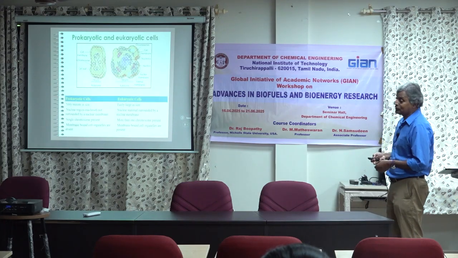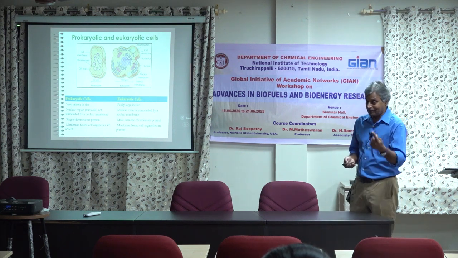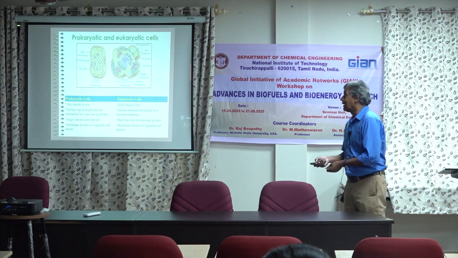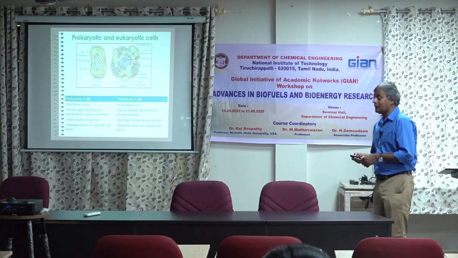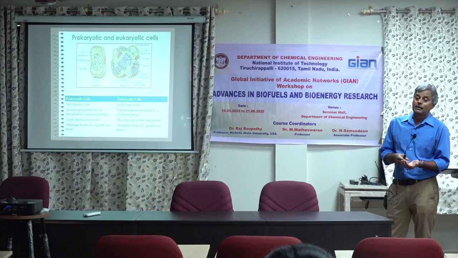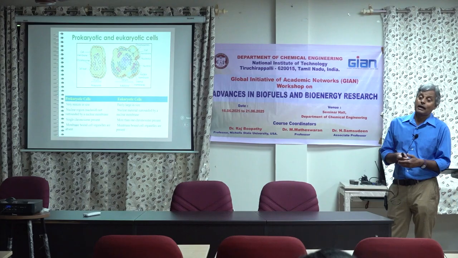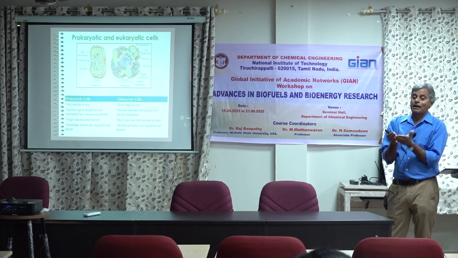So the difference between prokaryote and eukaryote, because this one algae is prokaryote, you need to know the difference. The prokaryote cells are simple cells. They don't have a nuclear membrane. The DNA is right in the cytoplasm. The eukaryotic organism has DNA covered by a nuclear membrane, and that's one major difference.